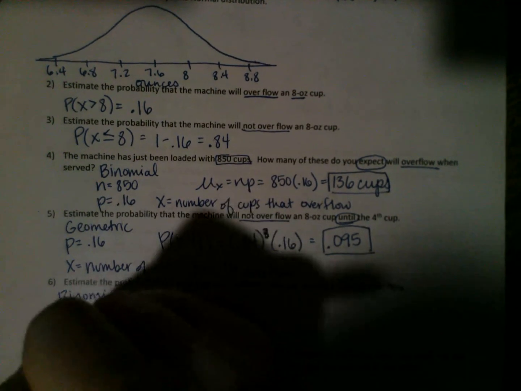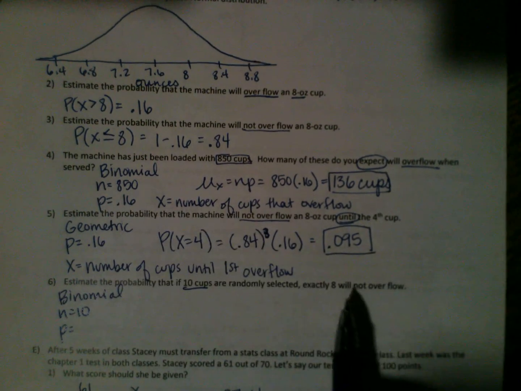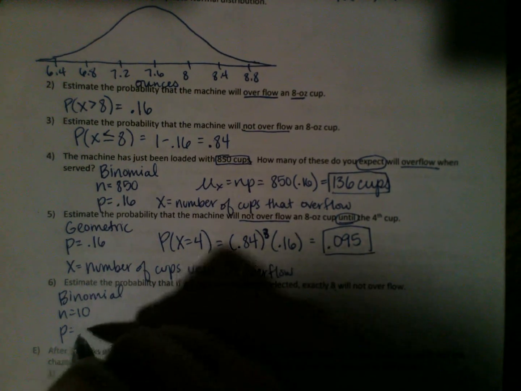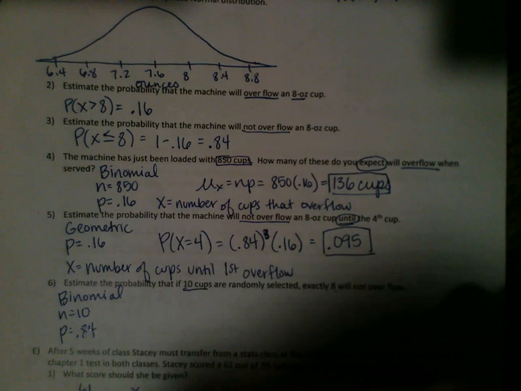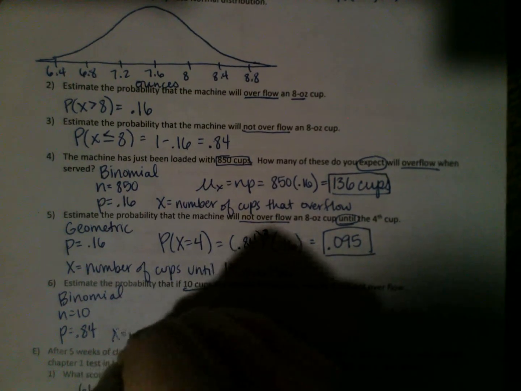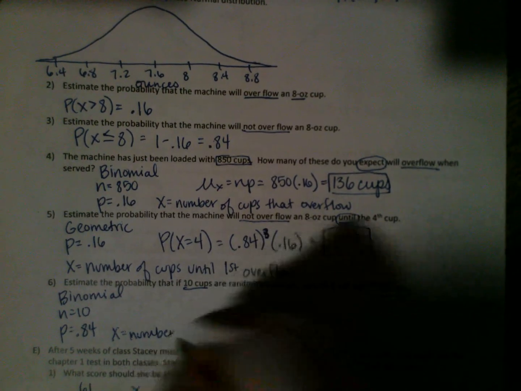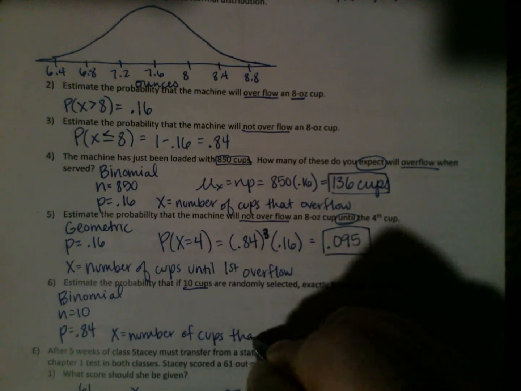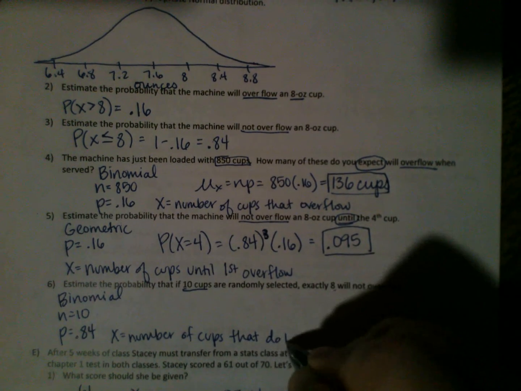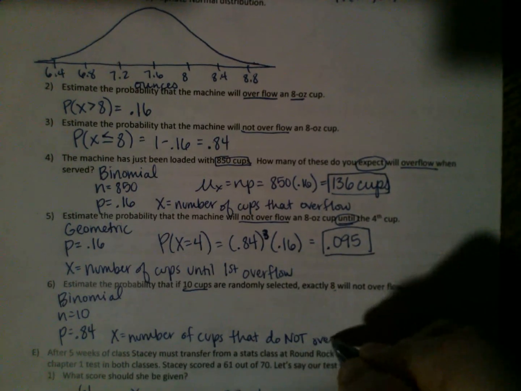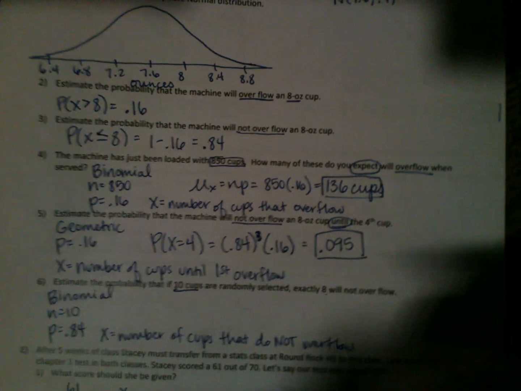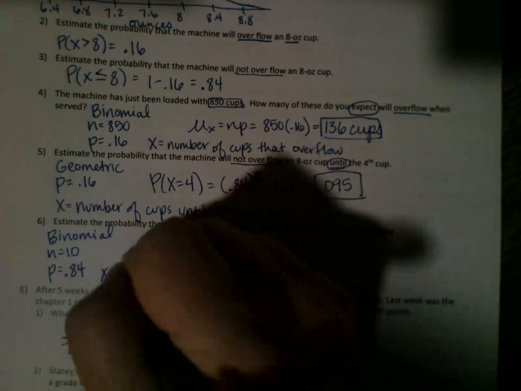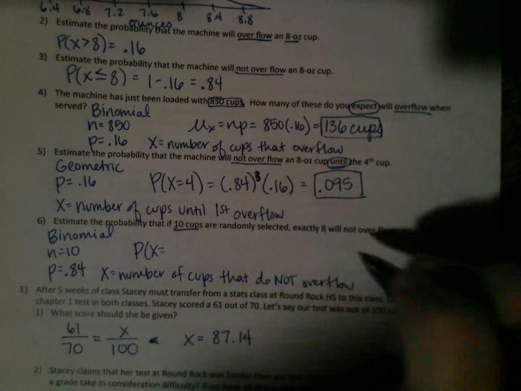Our N is 10. We're looking for 8 that will not overflow, so our probability of success is not overflowing, which is 0.84. X is number of cups that do not overflow. And we want that to be 8.